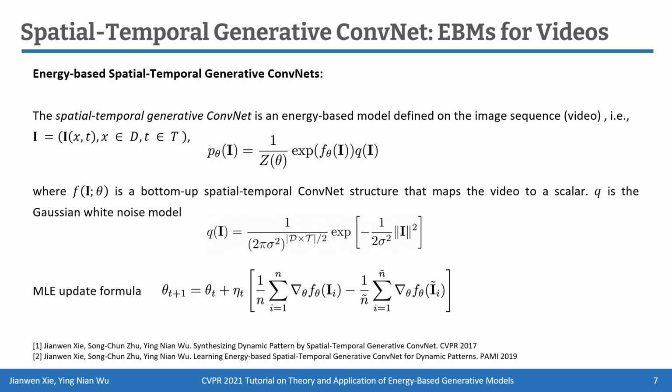The model is in the form of exponential tilting of a Gaussian reference distribution and trained by analysis by synthesis. Langevin dynamics is used to draw samples from the distribution. I will show that later. Different designs of the function f in the model can represent different types of video patterns.